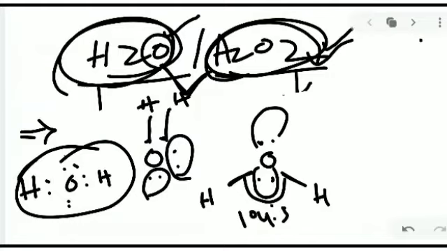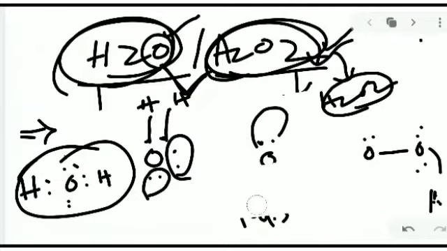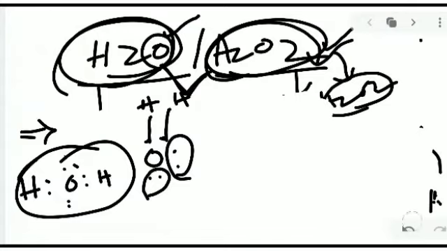Now the formation of H2O2. Here the same oxygen is there, with lone pairs, and the hydrogen. We can draw another structure, roughly like the H2O diagram.